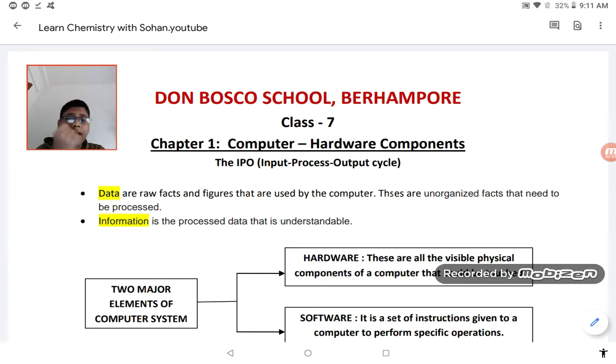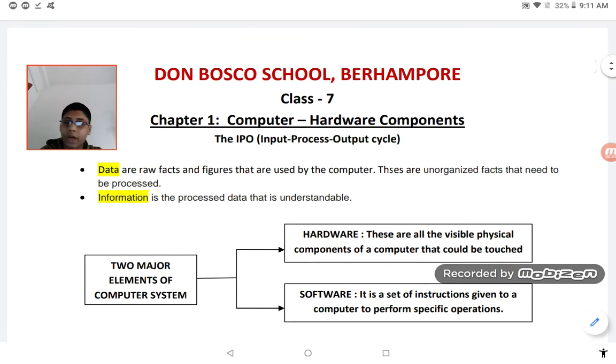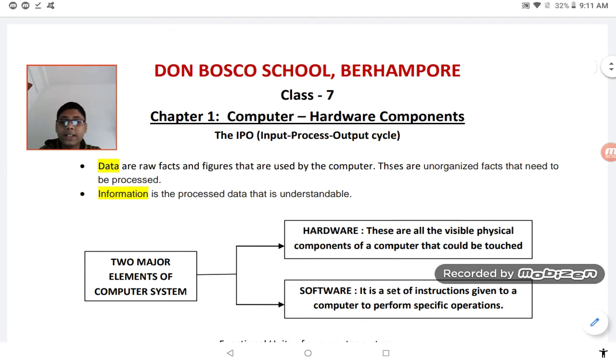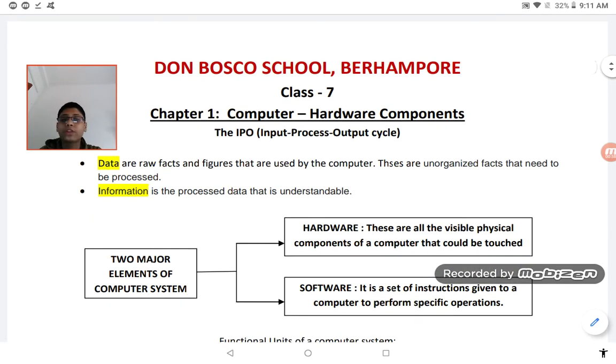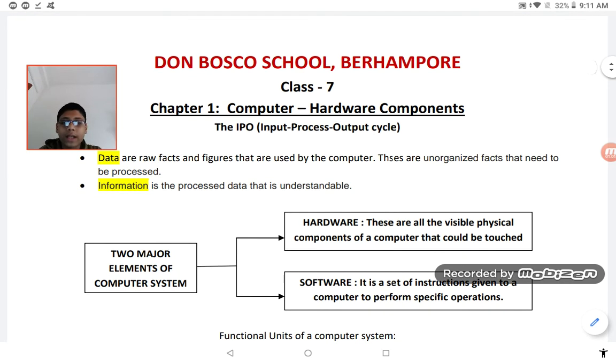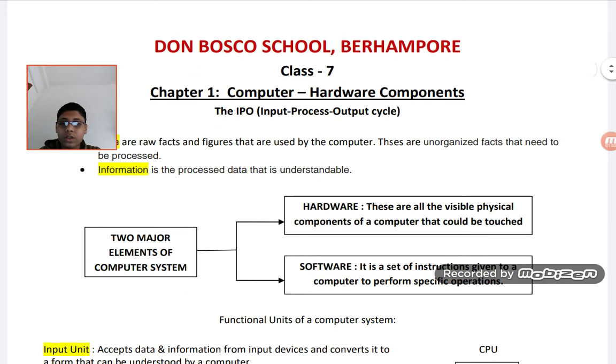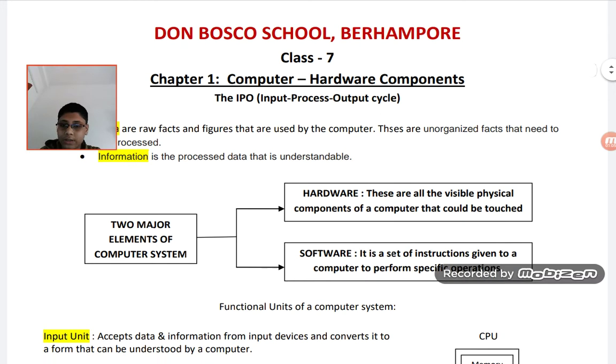Now I will teach you two major elements of a computer system. Hardware: these are all the visible physical components of a computer that can be touched. Software: it is a set of instructions given to a computer to perform specific operations.